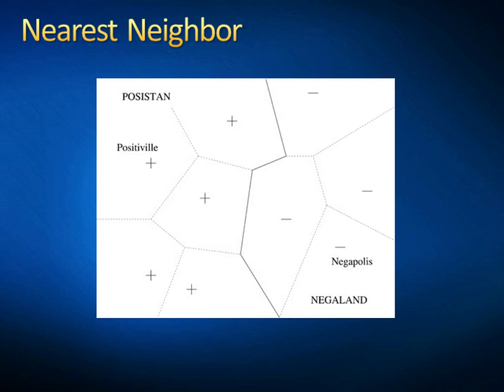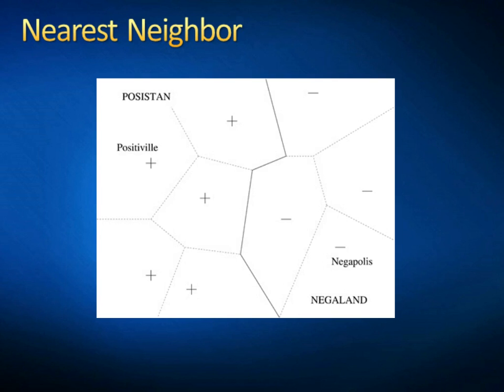And the puzzle is, where is the border between the two countries? Now, you can't know for sure where it is, right, because the cities alone don't determine it. But a pretty good heuristic is to say, well, I'm going to assume that a point on the map is in Pozistan if it's closer to some positive city than to any negative one.